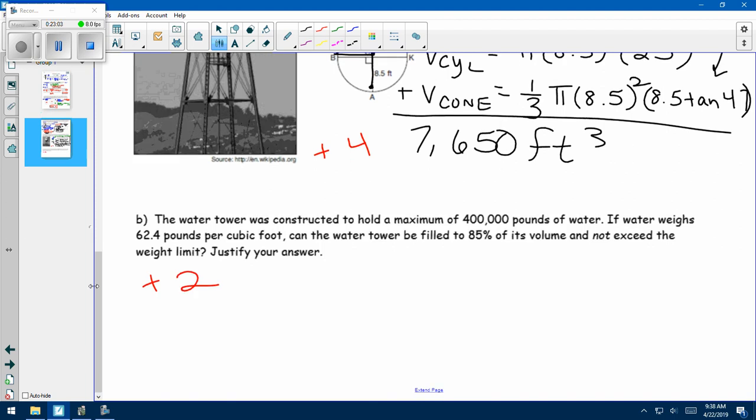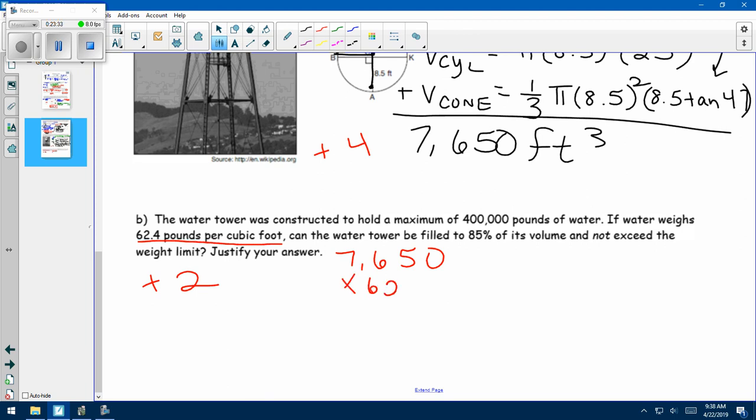The water tower is constructed to hold a max of 400,000 pounds of water, and if water weighs 62.4 pounds per cubic foot, can the water tower be filled to 85% of its volume and not exceed the weight limit? Okay. So what we're going to do is take the volume that we have, 7,650, and multiply that by the density that's given to us, which is the 62.4 pounds for each cubic foot.